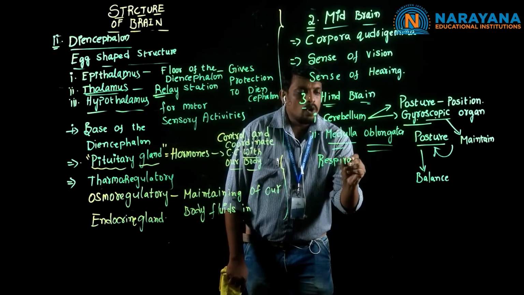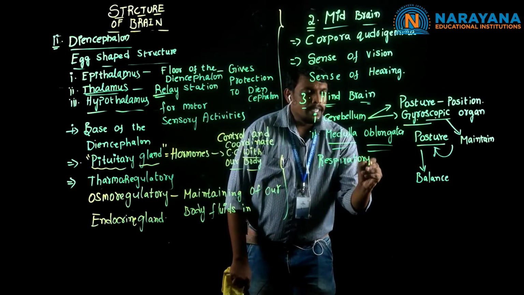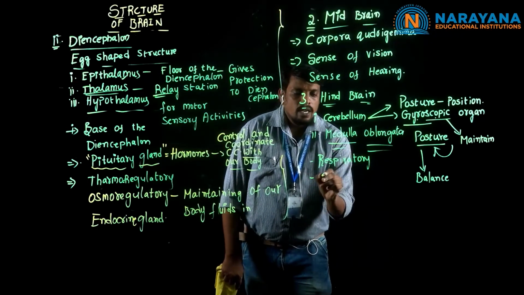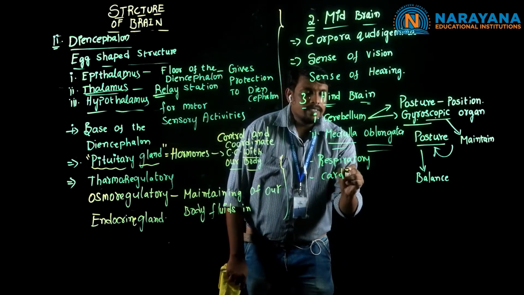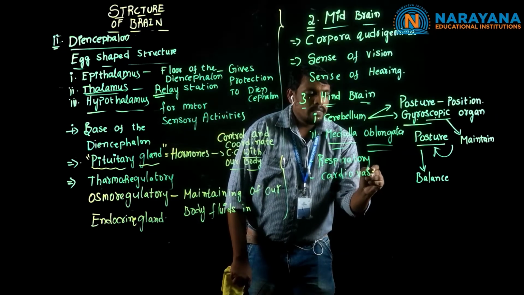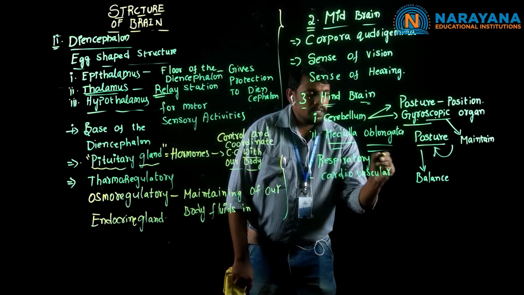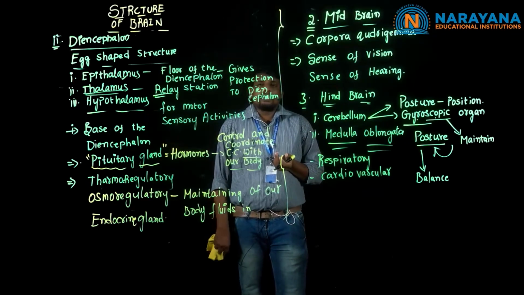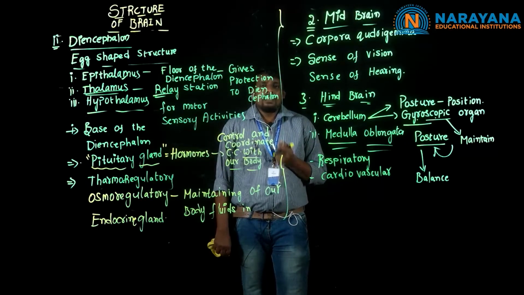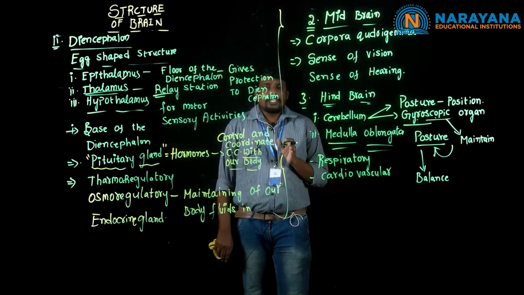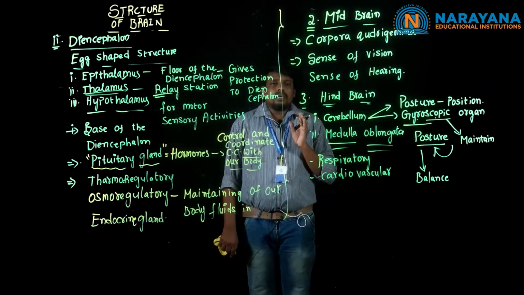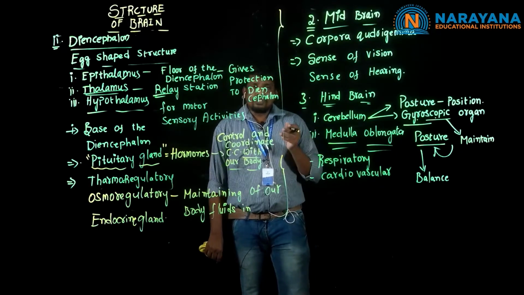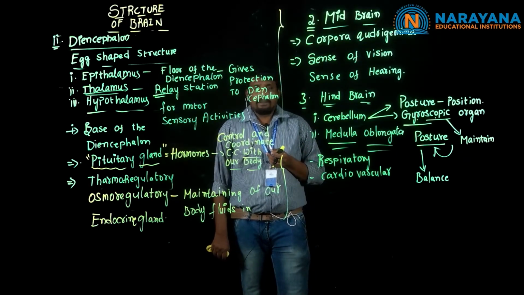It controls and coordinates respiratory movements, even cardiovascular activities, and other functions like sneezing, coughing and vomiting. All these are monitored by the medulla oblongata, which is located in the hindbrain.